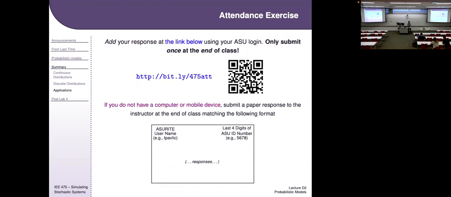And the question is, what distribution should you use if you know the variable is non-negative and has a given mean, but no other information? So you're only given the fact that it's non-negative and it has a known mean, and that's it. Which distribution that we've talked about should you use to model that process?